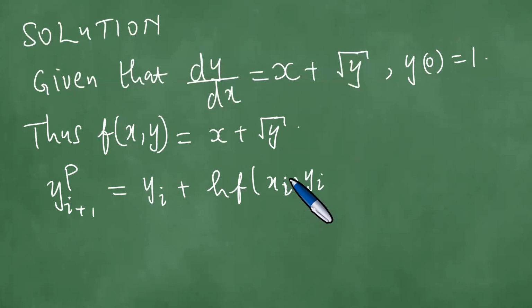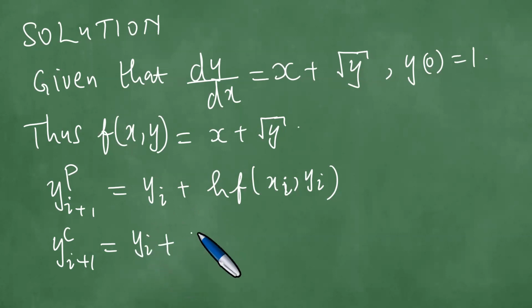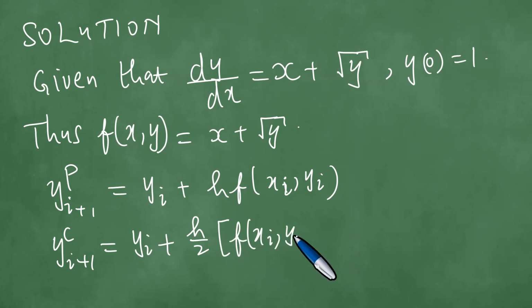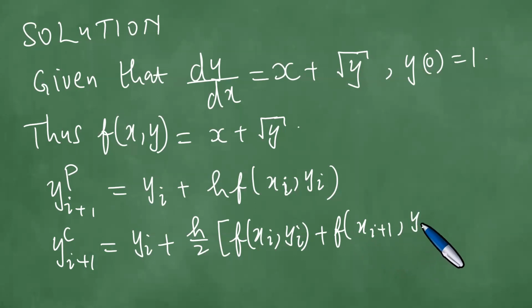There are variations here, and the corrector is yi plus h over 2 times f of xi, yi plus f of xi plus 1 and yi plus 1 predictor, close parenthesis, like so.